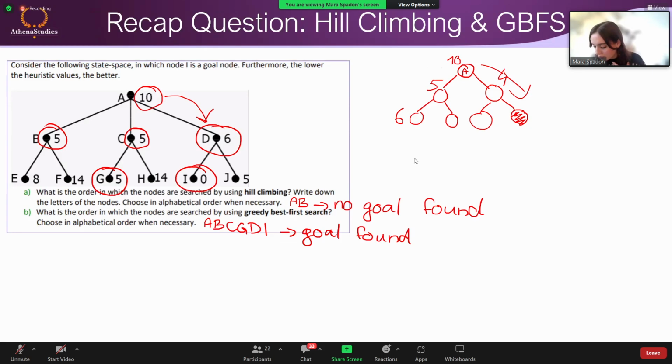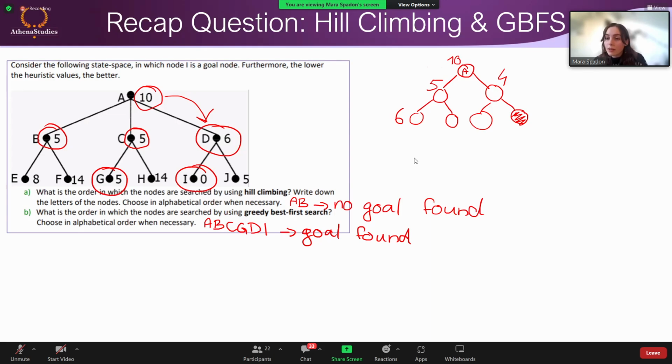Let me quickly check my notes. Okay, no, sorry, it is not optimal. Because if the goal is here, then it could still take quite a long time. It could go depth first, because it would just follow the heuristic values. So it is only optimal when the heuristic is admissible, which we will see in a second.